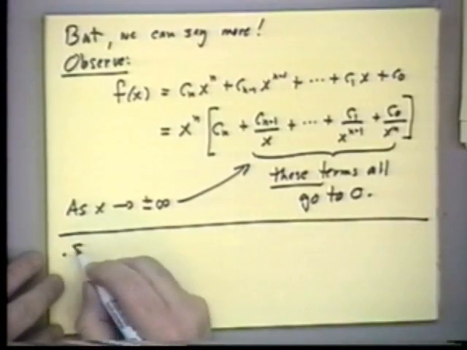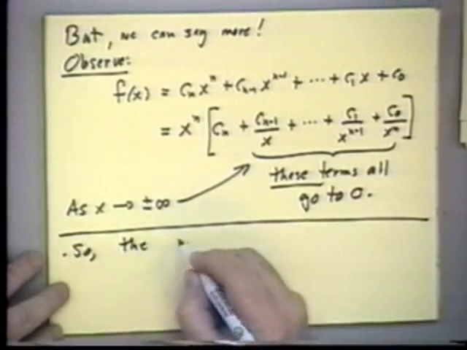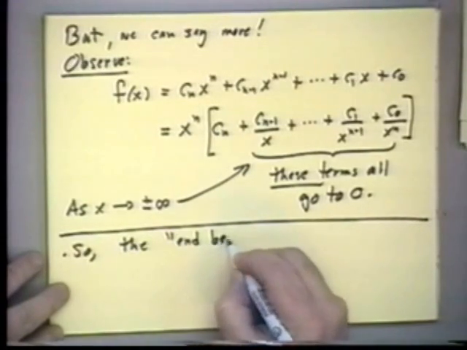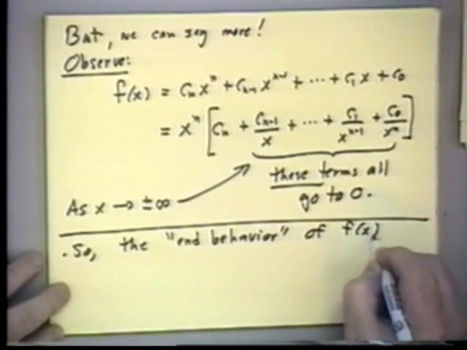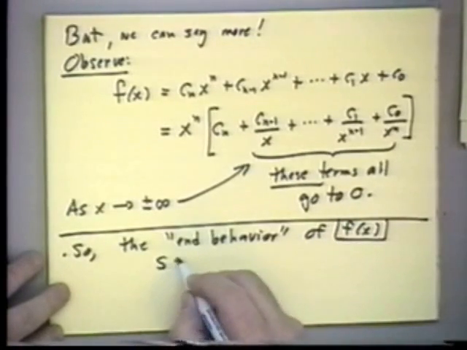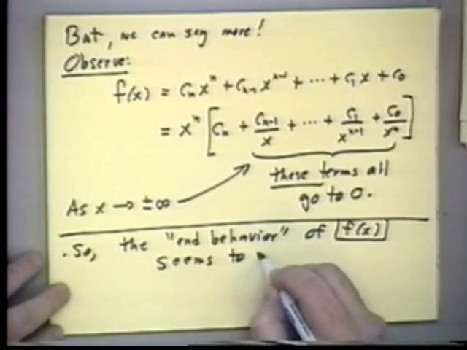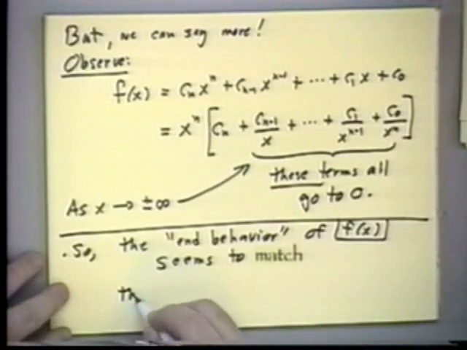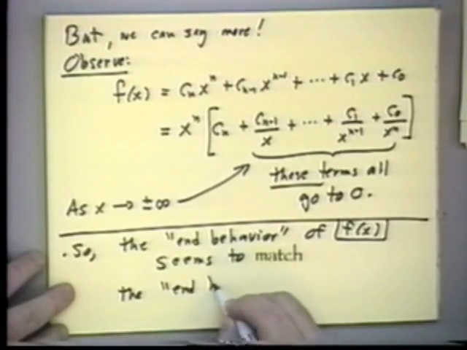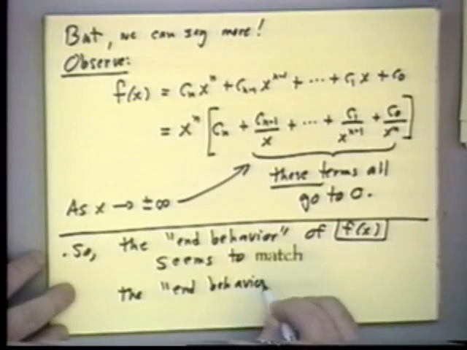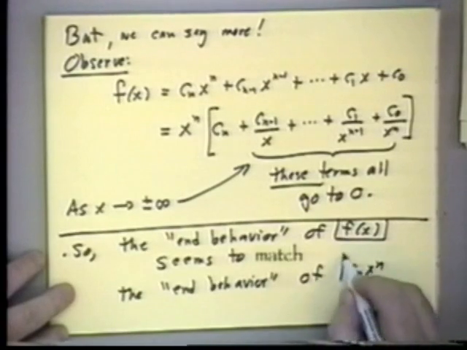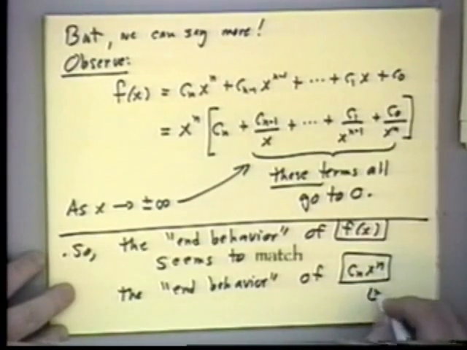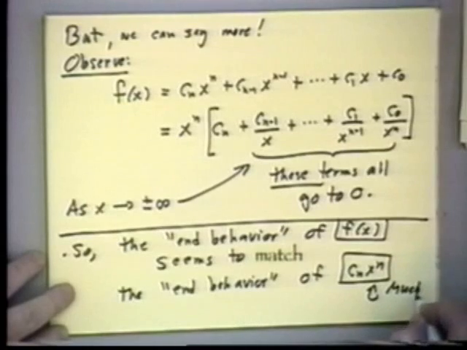So let's write that down. The end behavior of this polynomial function, f of x, seems to match the end behavior of that other much shorter and much easier function to deal with, Cn times x to the n. It's just a nice single term.